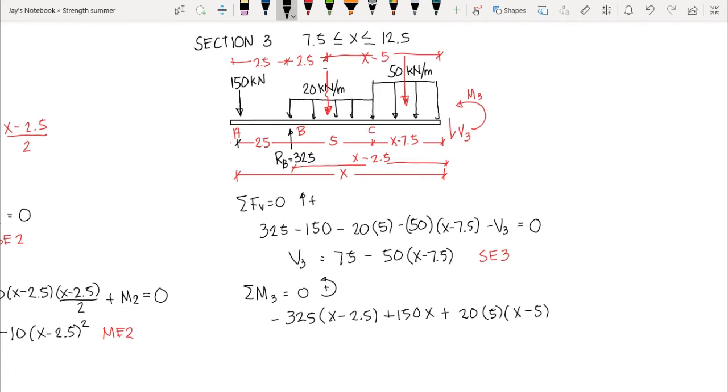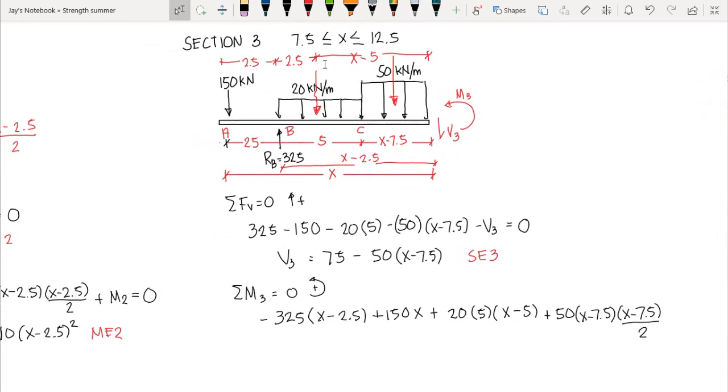And then we have the resultant of 50 kN per meter, that is plus 50 times the length of action, that is x minus 7.5. Then the location of our resultant from 3 is 1/2 of x minus 7.5, so we have x minus 7.5 over 2.